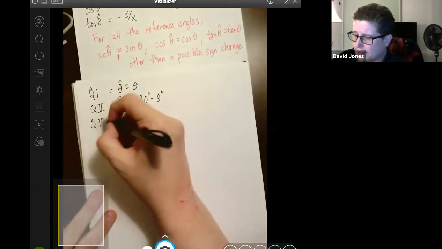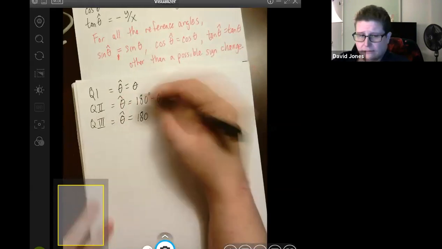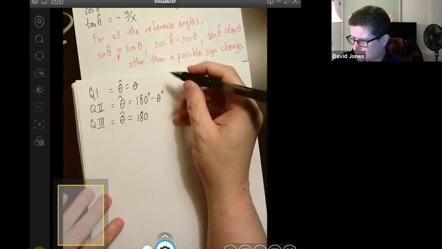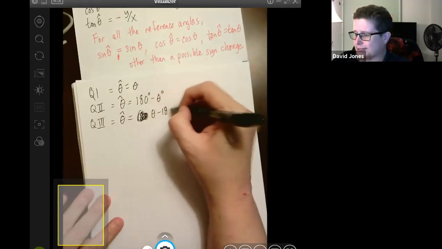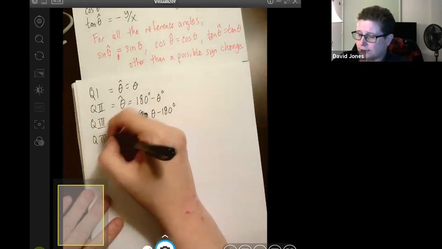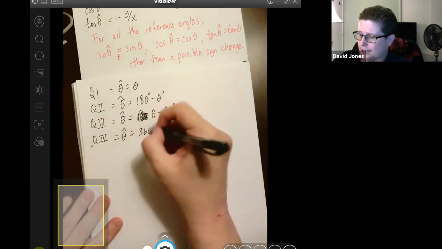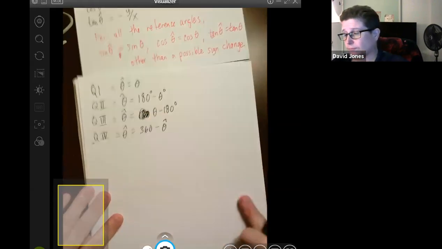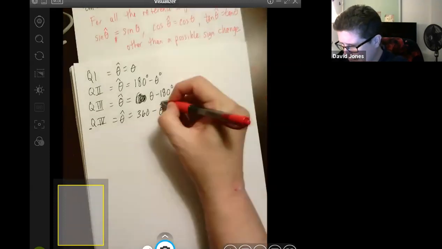Quadrant 3, theta hat is, I'm sorry, theta minus 180 degrees. They just switch. Quadrant 4, theta hat is 360 minus theta.